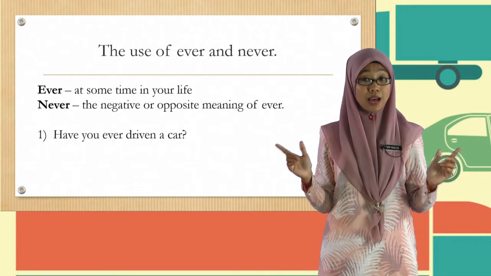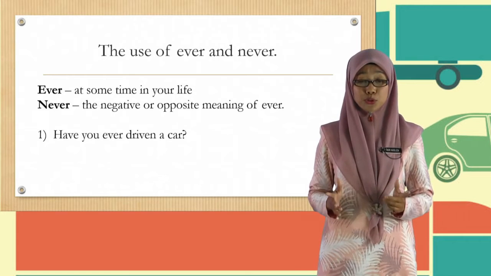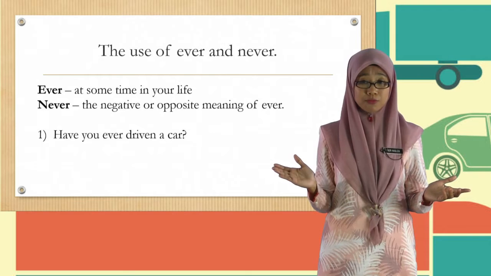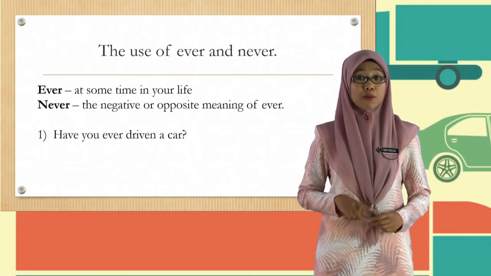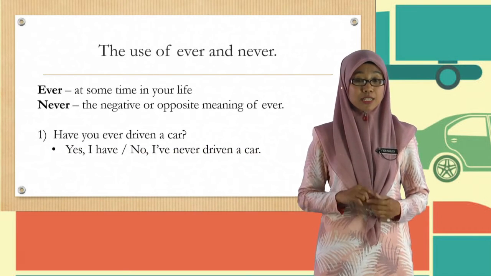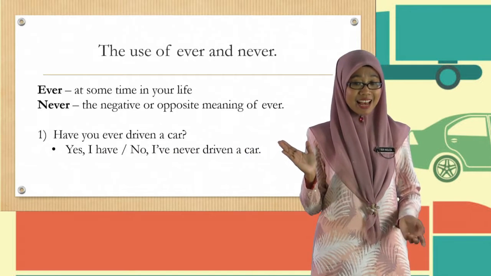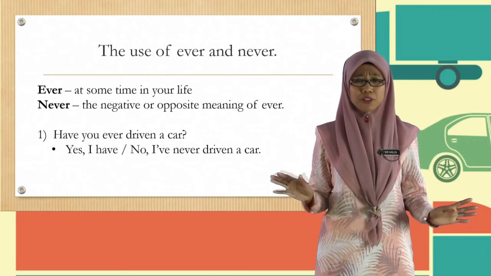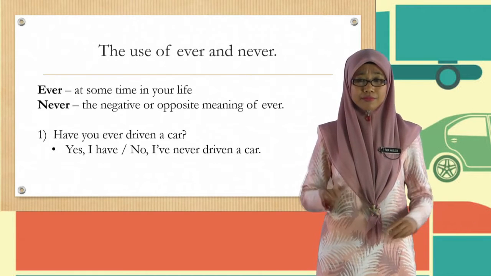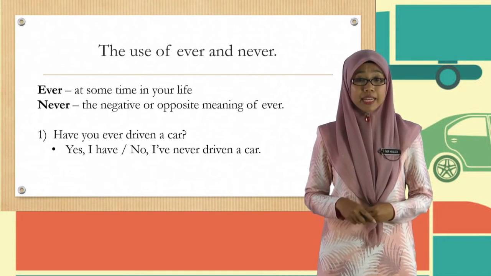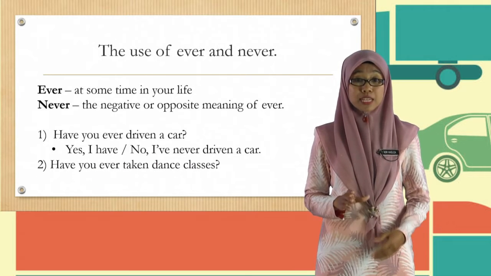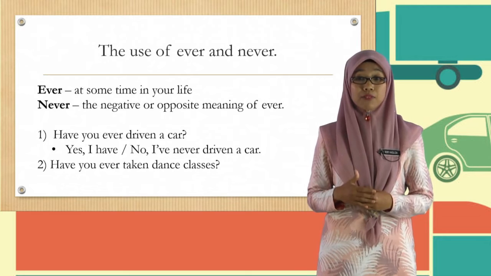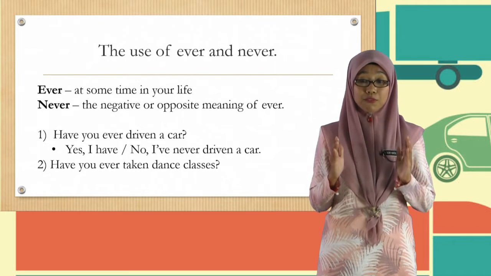It's a question asking whether you have experience of driving a car in your life before. You can give a short answer, either yes, I have, or no, I've never driven a car. You can write a negative response using never to mean that you have not driven a car in your life before.